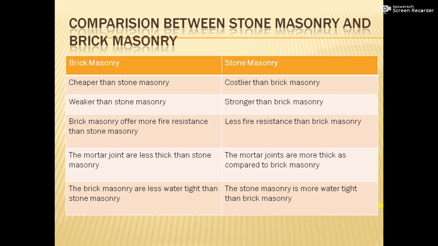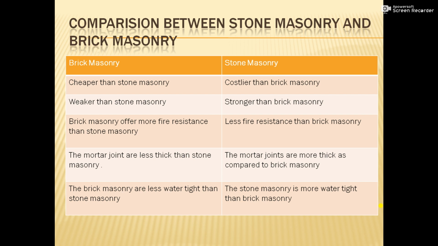Next point of comparison is that the mortar joints are less thick than in stone masonry. As the bricks are manufactured in the industry, they have a proper finish, and because of that they have a uniform shape and size. Whatever mortar we use to join two bricks, the thickness of that mortar is less as compared to stone masonry.